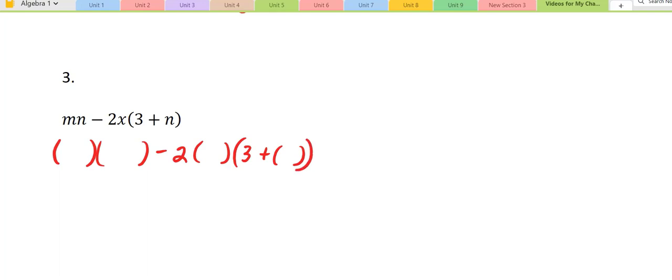Now, some people might want to change this grouping symbol to a bracket, and that's only because once I use my own parentheses for these right here, it looks kind of redundant to have so many parentheses. So this one right here actually becomes the bracket like that instead of a parenthesis.